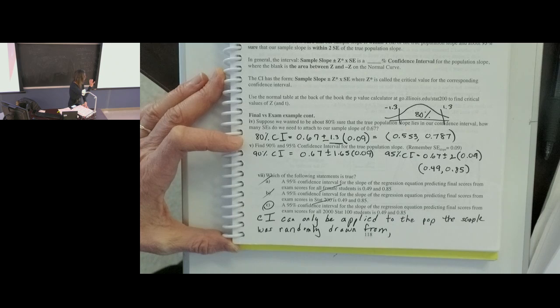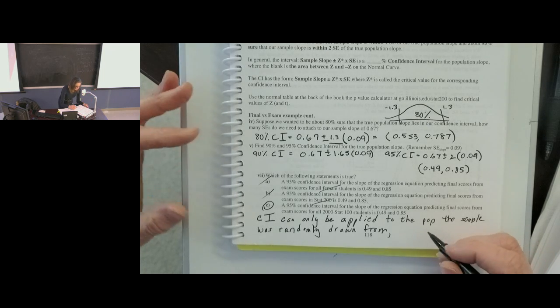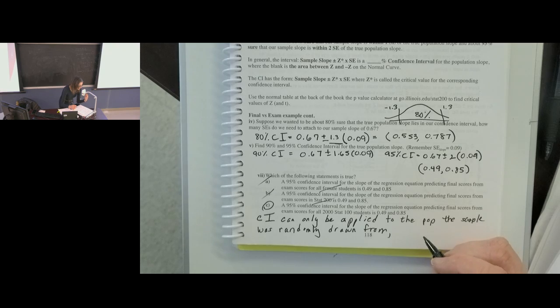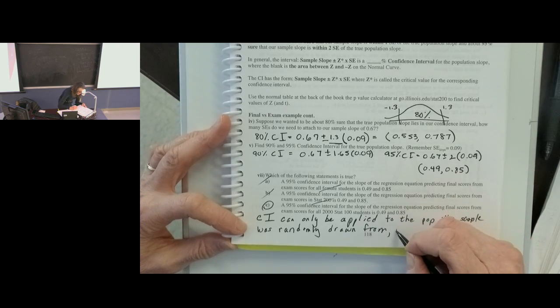You can't apply it to a wider population. Most people know that, but you also can't apply it to a restricted population, to a more narrow population. So not a wider or more narrow one.